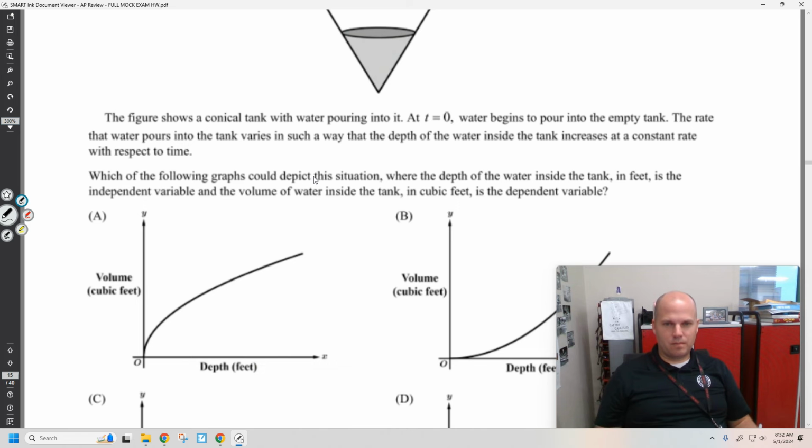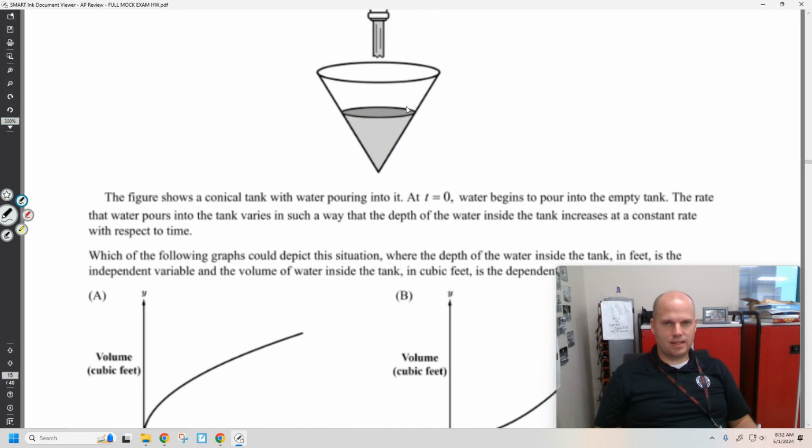I don't know if I'm overthinking it. You can kind of see that the depth of the water would be increasing at a decreasing rate if the volume getting poured in was constant.